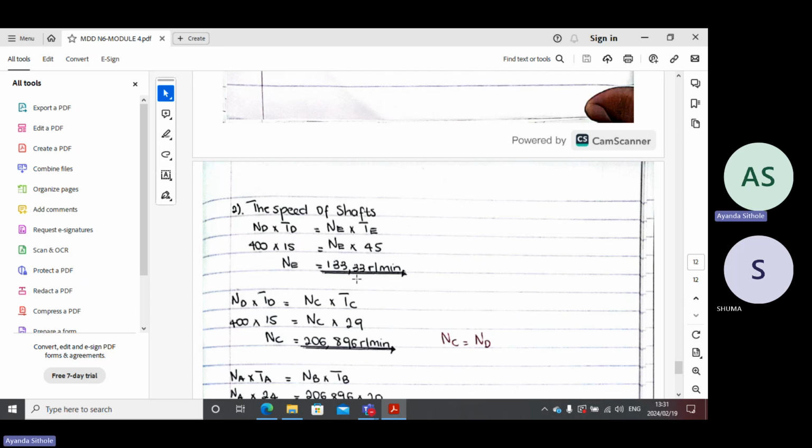So that was the speed for NE, since ND is given. NE and ND are on the same shaft.